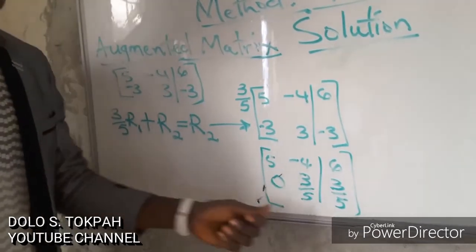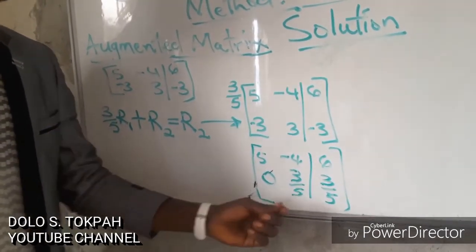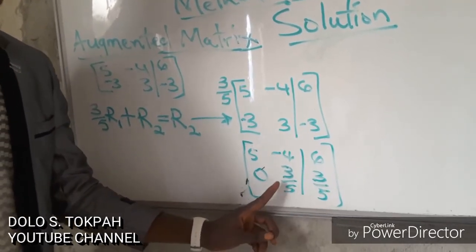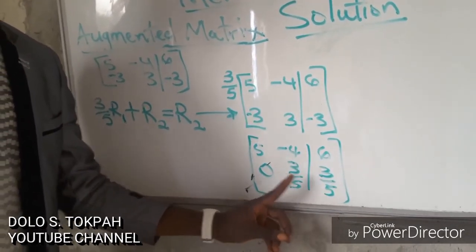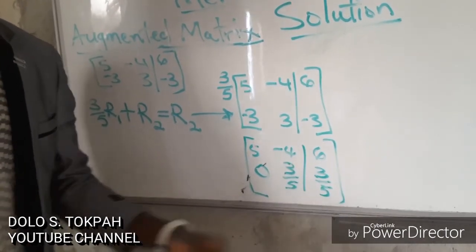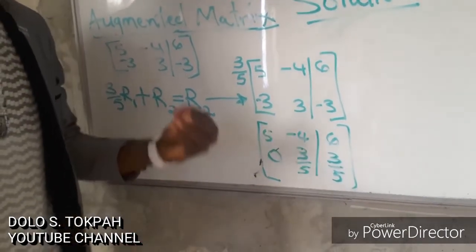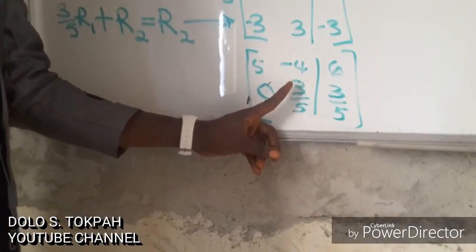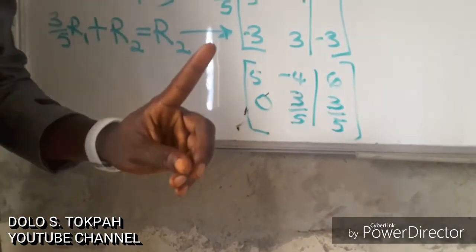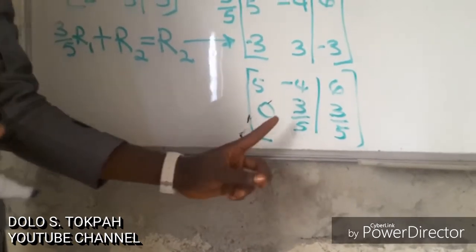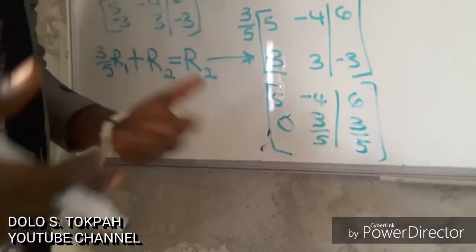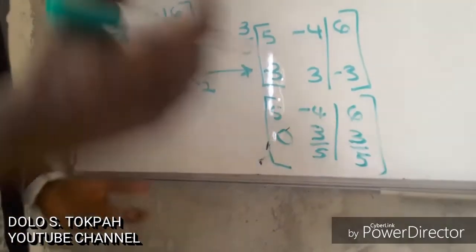So the next thing is to get positive 1 here, such that this will be the coefficient of y. That means 1 times y will give us y, and the answer here will just be the value of y. So what is the number that we can multiply by 3 over 5 to get positive 1? That number is just the inverse of 3 over 5, or the reciprocal, 5 over 3.